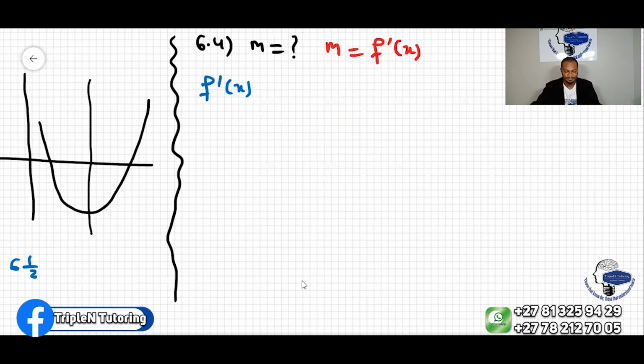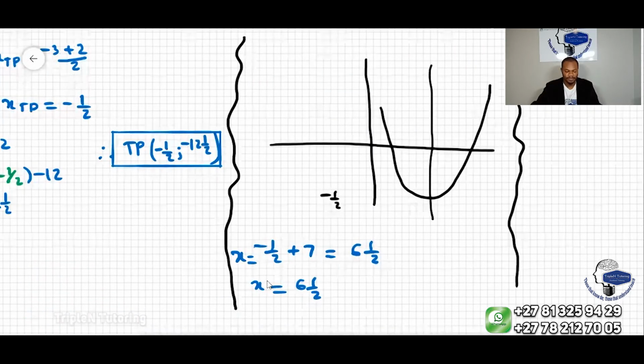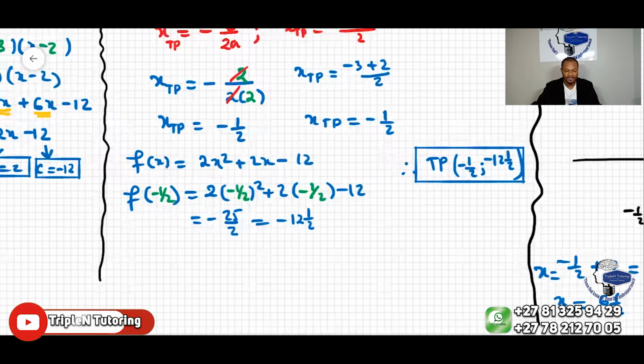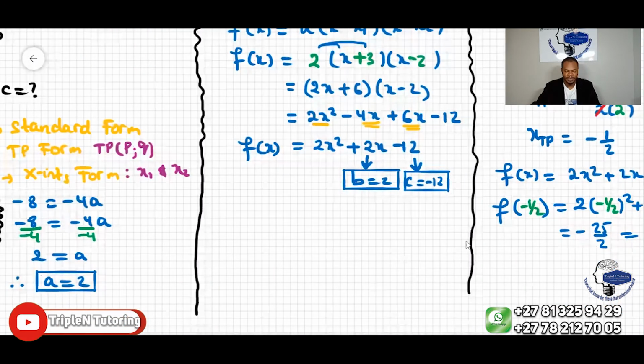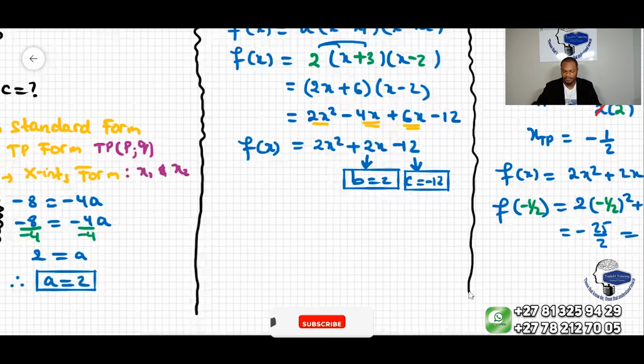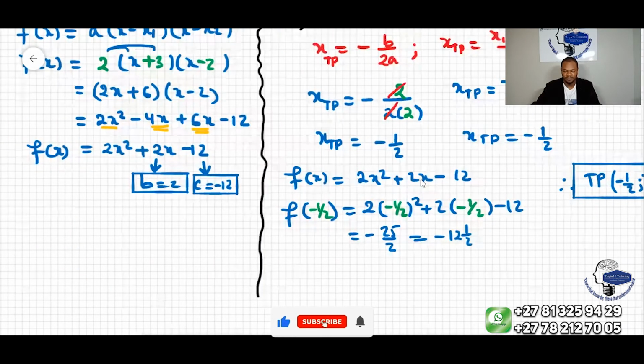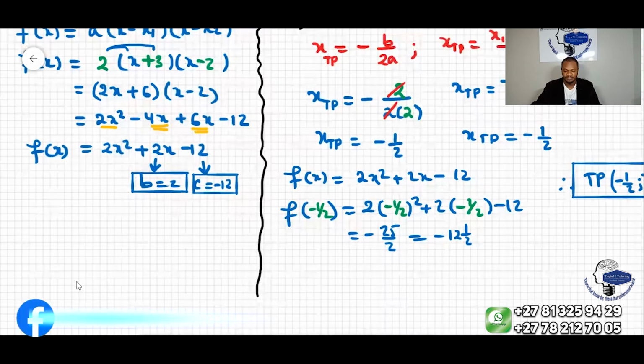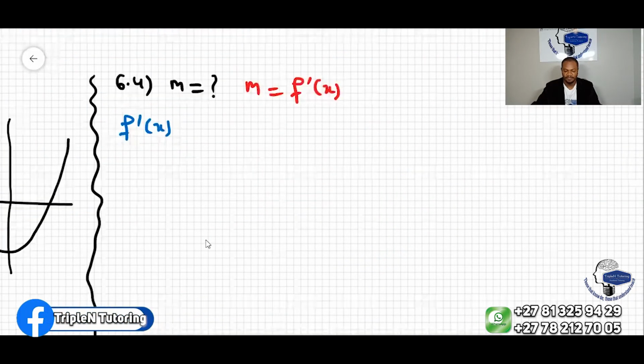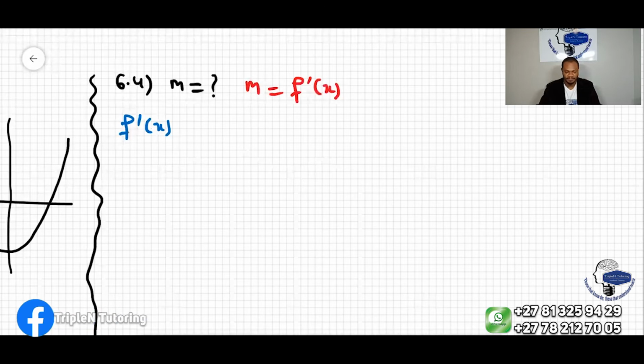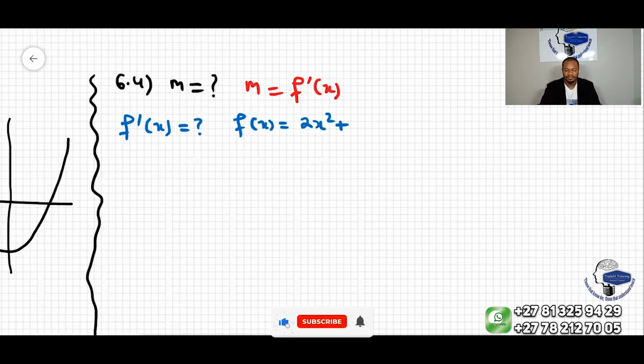We found it here when we found the values of a, b, c, and then we can write the function f(x). Now f(x) itself is given by 2x squared plus 2x minus 12.